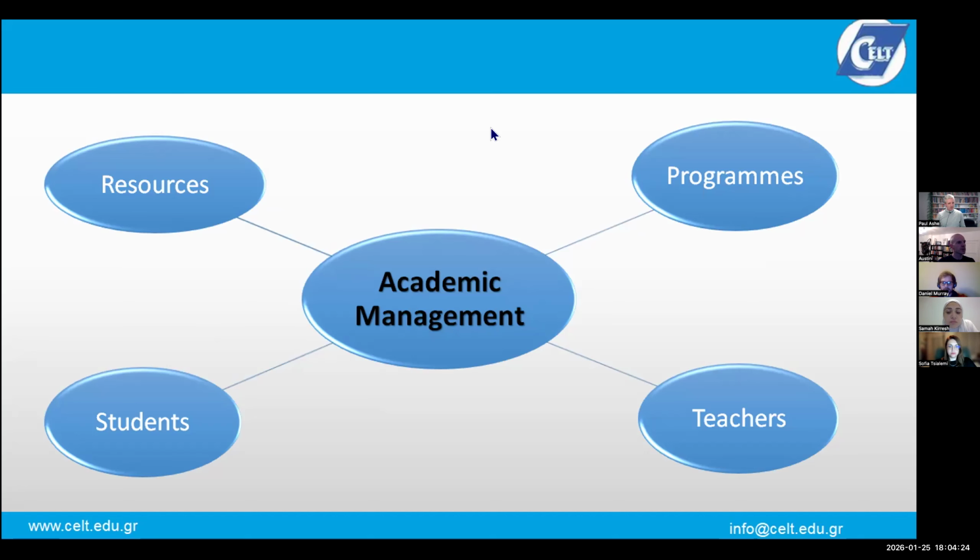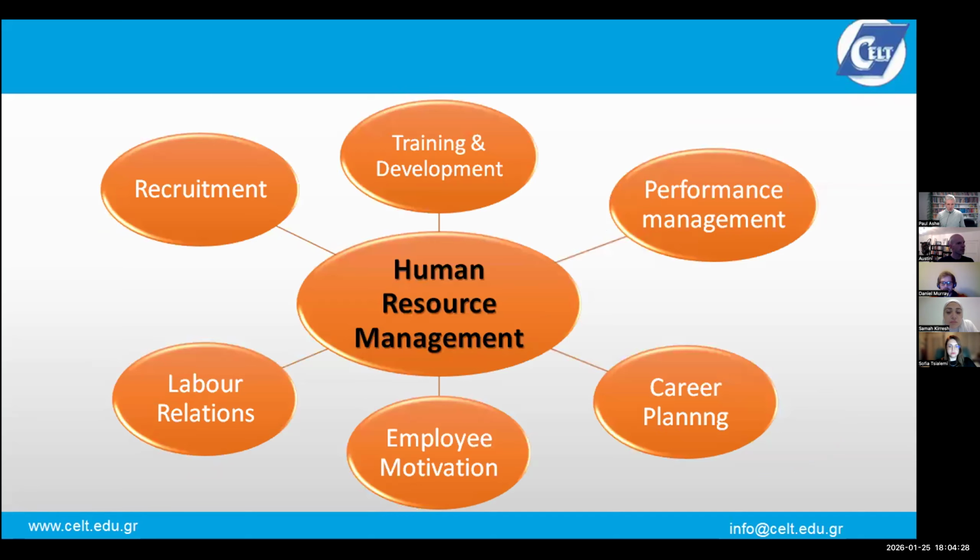Okay, but isn't the human resource department in charge of the professional development of everybody in the organization? Maybe. Yes, they are. That's their job. Does it come down to the academic manager to do the professional development program, INSET training, for their teachers?